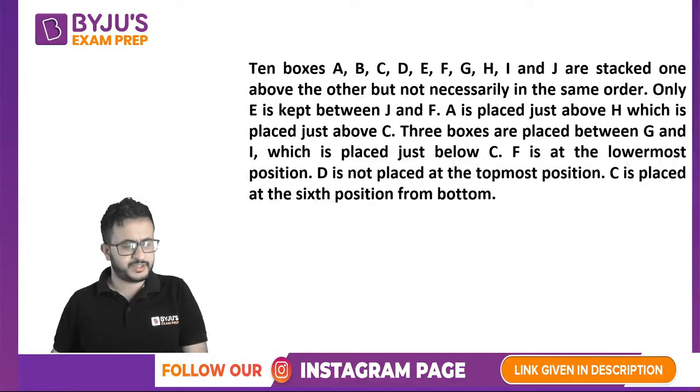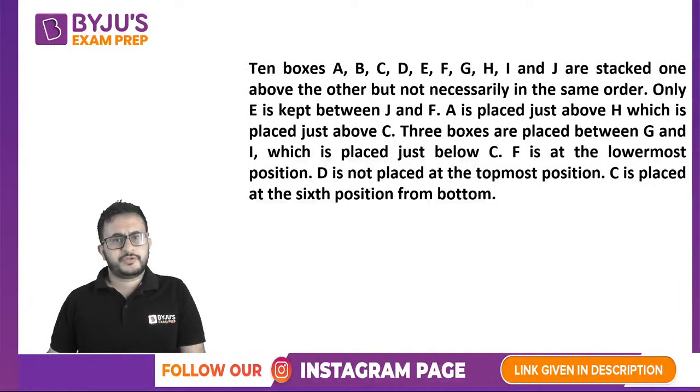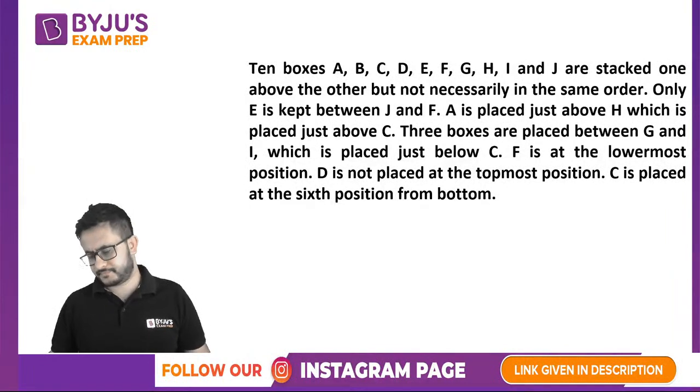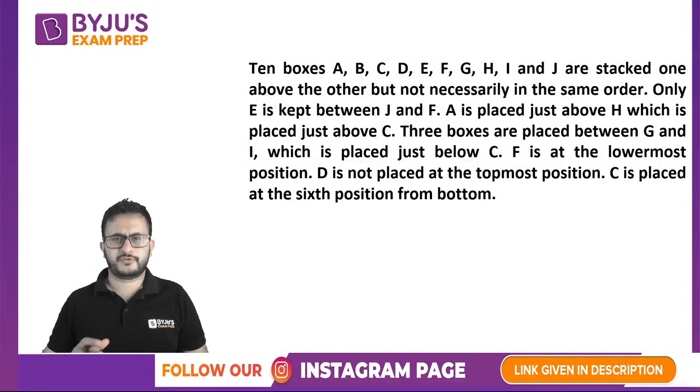Alright, so let us do another set. So it says that there are 10 boxes that are stacked one above the other, but not necessarily in the same order. Okay, so that is another kind of puzzle wherein we are given a floor or box, right? So it could be floor or box.